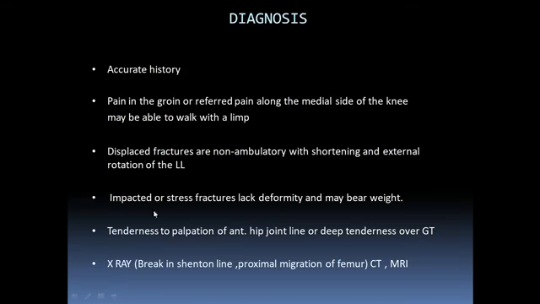But in case of impacted fracture, that means type 1 fracture or stress fracture, there is lack of deformity and the patient may bear weight. Tenderness on palpation of the anterior hip joint line and deep tenderness over the greater trochanter. On X-ray, I mentioned earlier the break in Shenton's line. And in confusing cases, we can go for CT scan also.